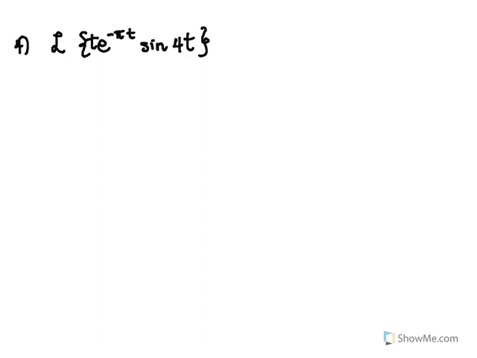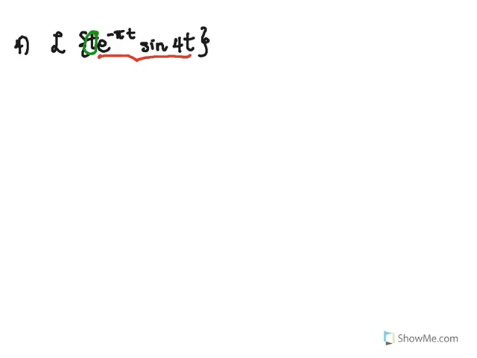Fourth example, you have the Laplace transform of t e to the negative pi t times sine 4t. Again, we cannot just take the Laplace transform of this because you still have a t multiplied to it. So instead of thinking of sine kt that is shifted, we think of t sine kt that is shifted.